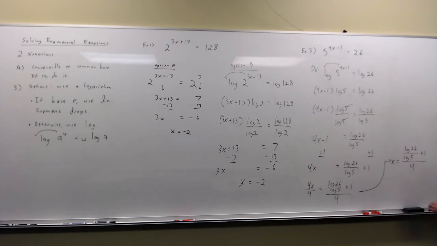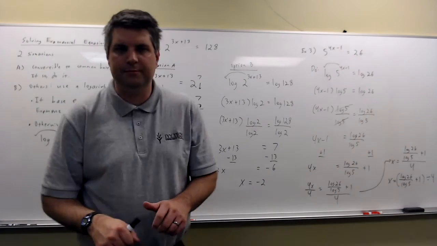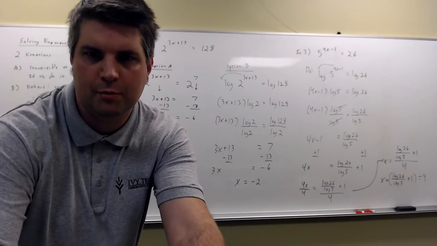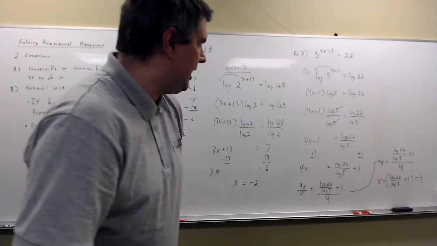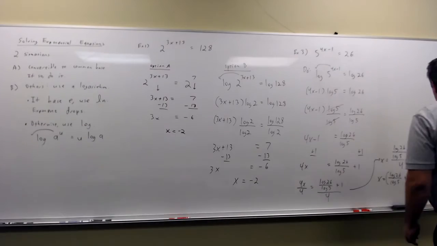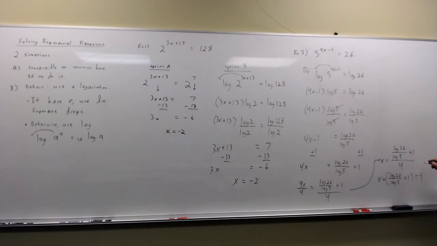Or another way you could have put this is x equals log 26 over log 5 plus 1 divided by 4. That's another way that could have been expressed. Now the approximate solution, so these are exact.